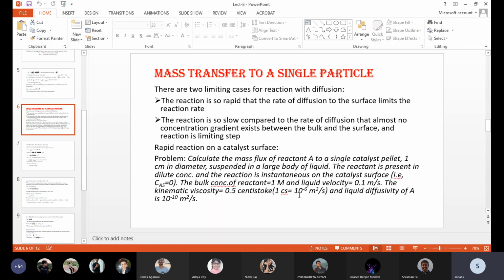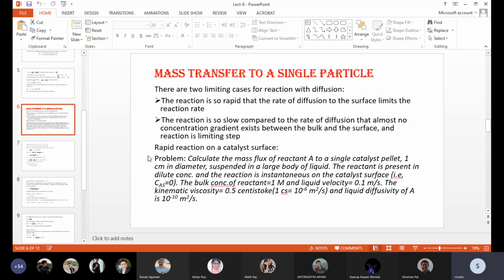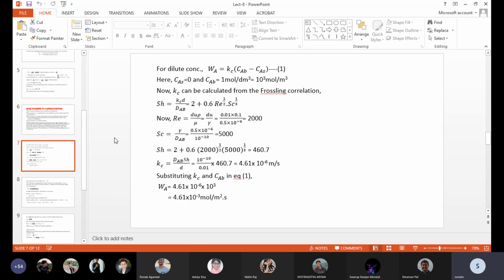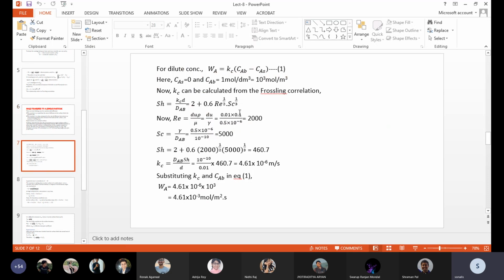That means 0.5 into 10 to the power minus 6 meter square per second. Put the value of nu here. d is particle diameter, 1 centimeter, convert it into meter, so 0.01 meter. u is the velocity, 0.1 meter per second.